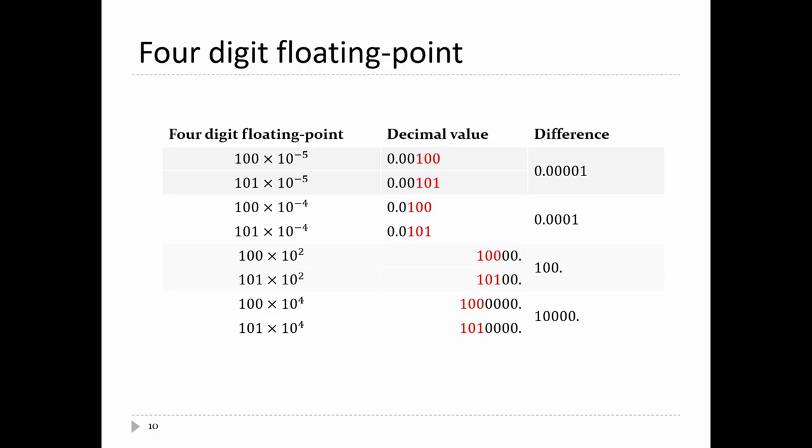The next smallest value that you can represent is 101 times 10 to the 4, which is 1,010,000. So if you had 1,000,001, you can't represent it exactly. Even if you had 1,005,000, you can't represent that exactly either. You end up using either that value or that value, whichever one is closer.